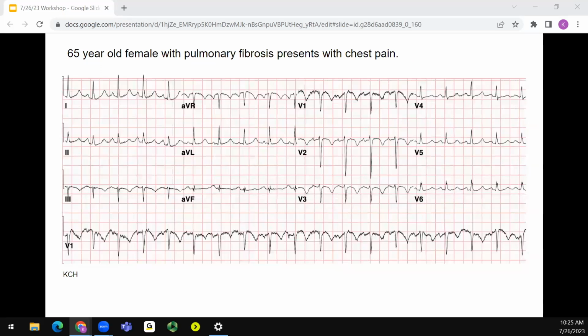All right. A 65-year-old female with pulmonary fibrosis presents with chest pain. What's the rhythm here? Someone says sinus. What's the rate?